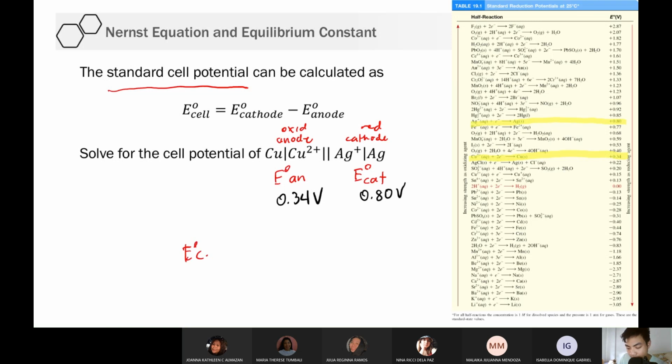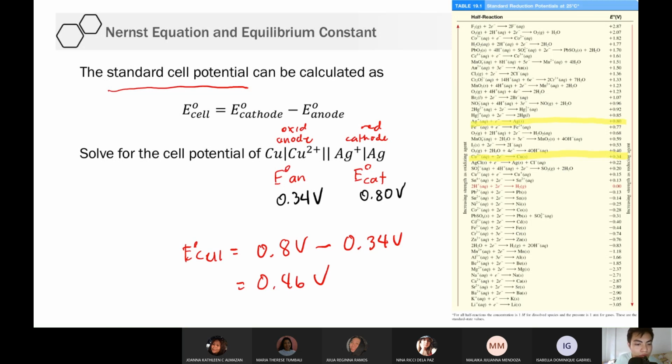So, you get E naught cell equals the cathode, which is 0.8 volts, minus the anode, which is 0.34 volts. Pag subtractin mo na lang sila, that will be 0.46 volts. Ganun lang.